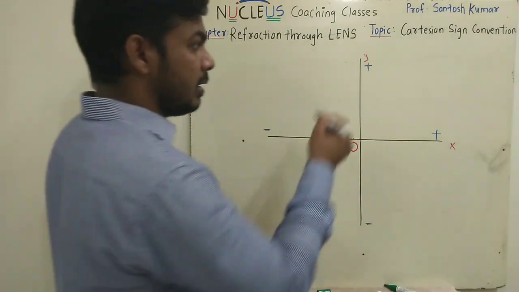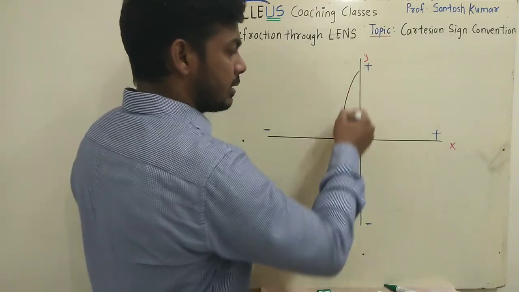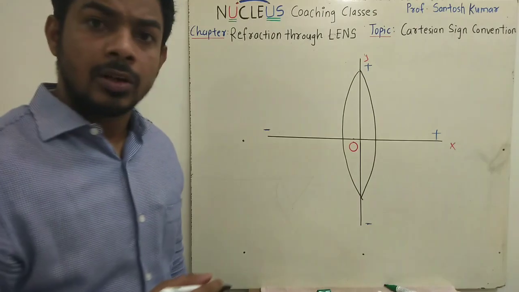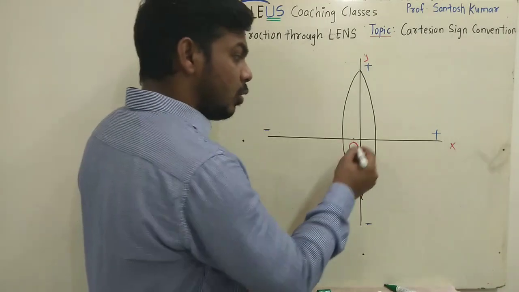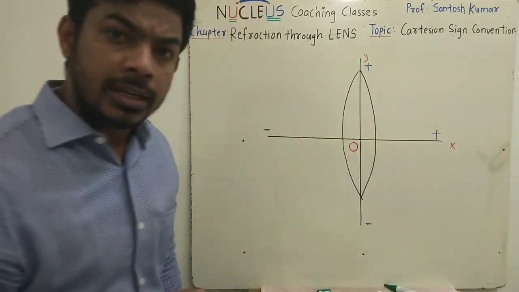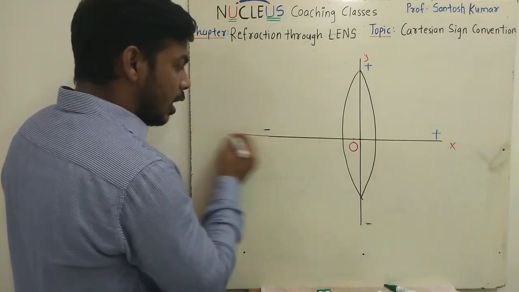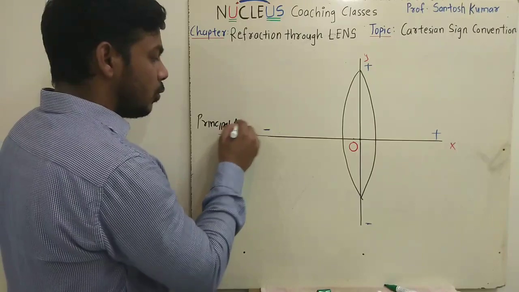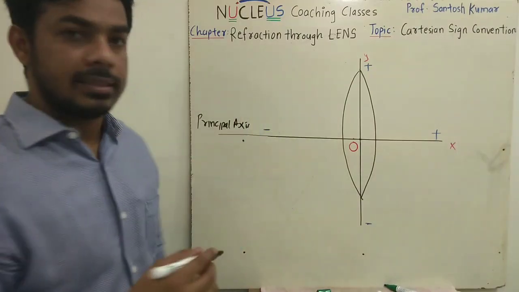I will give you an example. Consider a convex lens. So this is our convex lens having optical center O. So this optical center O is nothing but the origin of the coordinate system, and this line now becomes the principal axis which coincides with the x-axis.